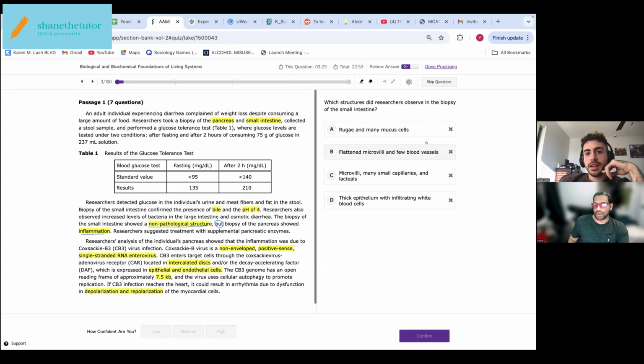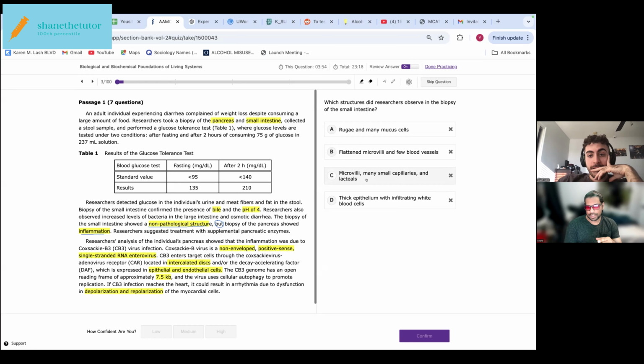It's apparently the folds within an organ, like the stomach. Okay. All right. Microvilli, many small capillaries and lacteals. I don't know. Is it that one?